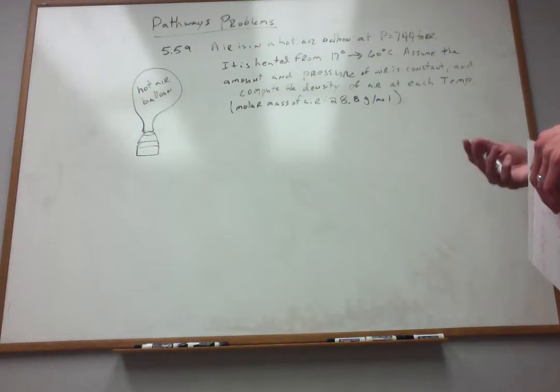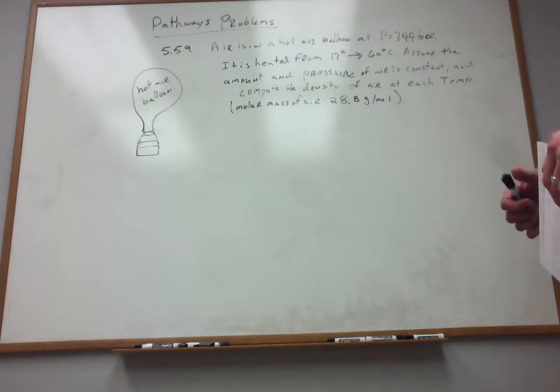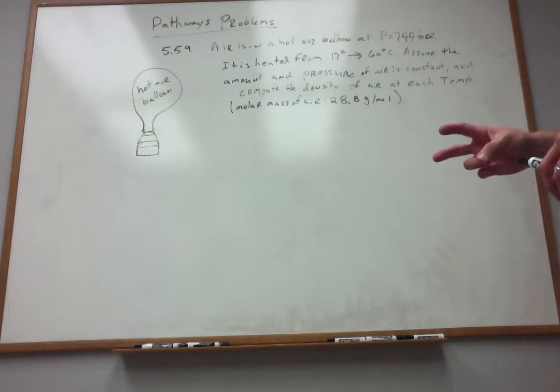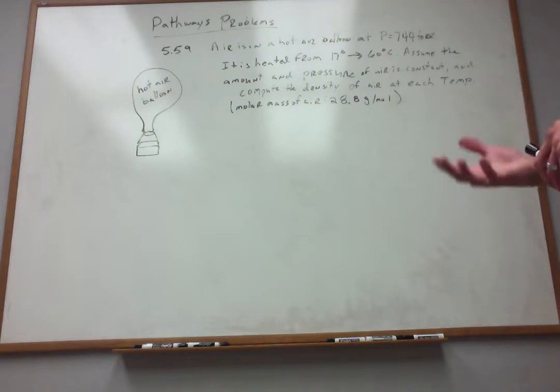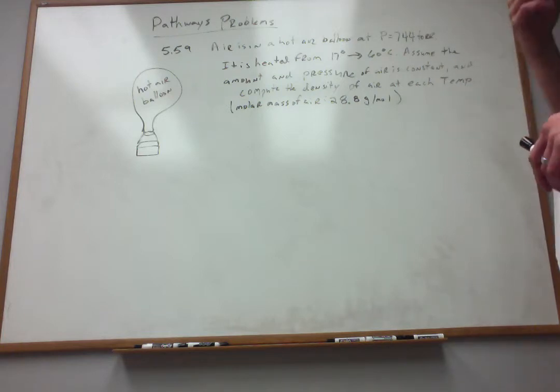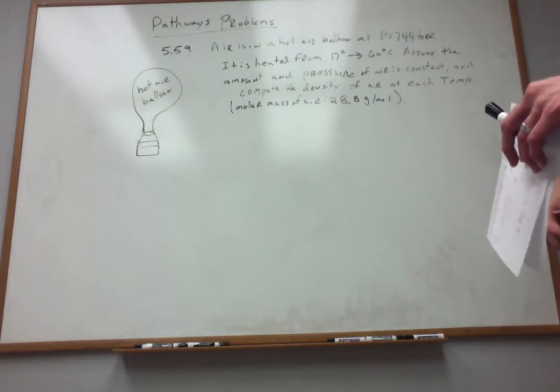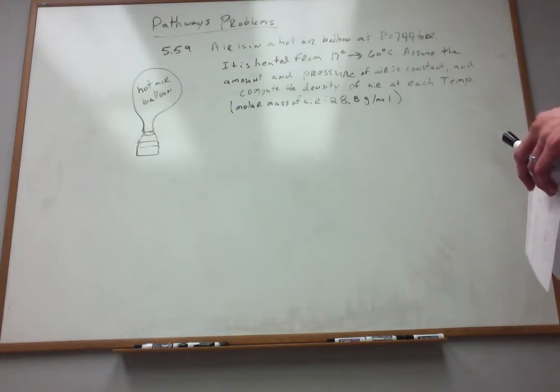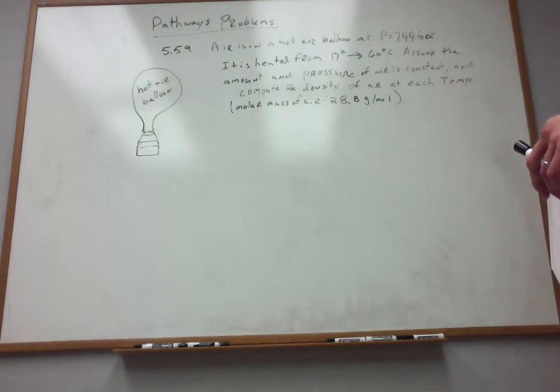Another thing that's a little bit interesting about this problem is that it deals with air as our ideal gas. Now air, of course, is a mixture. It's a little less than 80% nitrogen, around 20% oxygen, and then there are a few minor trace gases that make up the remaining 1 to 2%.